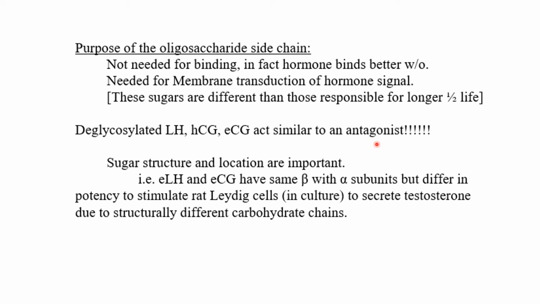So the sugar structure and the sugar locations are also important. Okay? Let me tell you. For example, let's go back to the horse. We have equine LH and equine chorionic gonadotropin, or PMSG. They have the same beta subunit and the same alpha subunits.